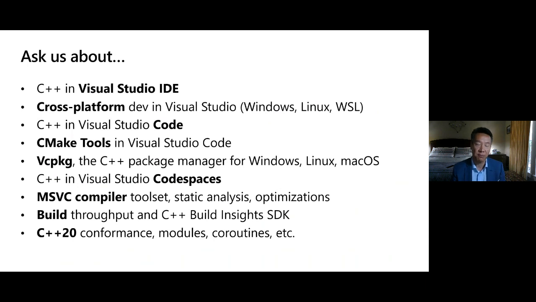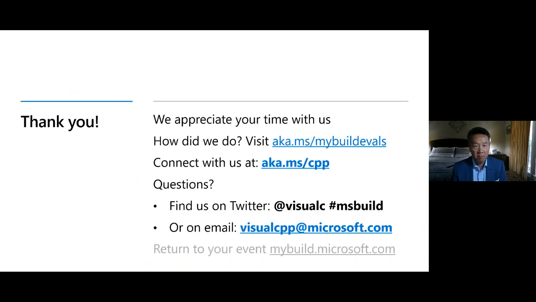One of the biggest examples of that is, as we enabled two-phase name lookup in our compiler, a lot of existing code that used to compile didn't compile, and a lot of existing code that didn't compile started compiling, right? All of these are documented well. We have a lot of pages in the docs on Microsoft.com explaining that if you see this error, it's likely that you're running into this intentional change.